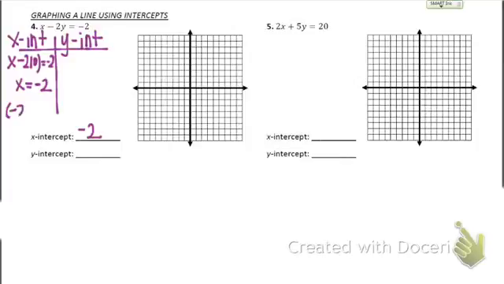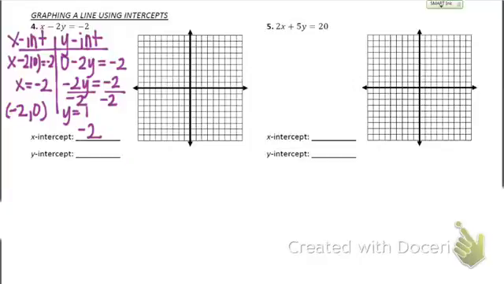So that's the point, -2, 0. My y-intercept is where x equals 0. So that's going to be 0 minus 2y equals -2. So -2y equals -2. Divide both sides by -2. So y equals what? +1. Oop. So my y-intercept is at 1, and that's the point 0, 1.